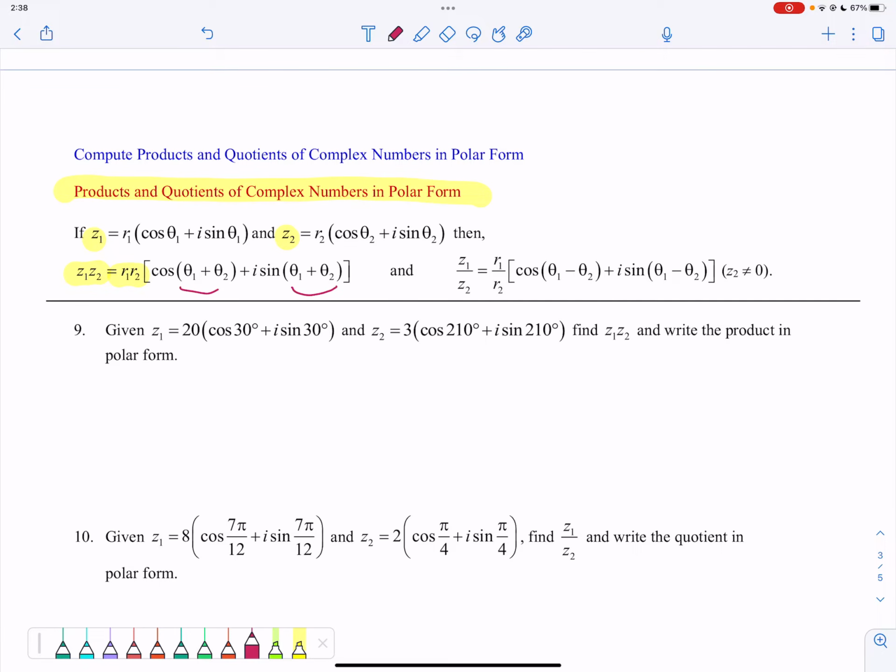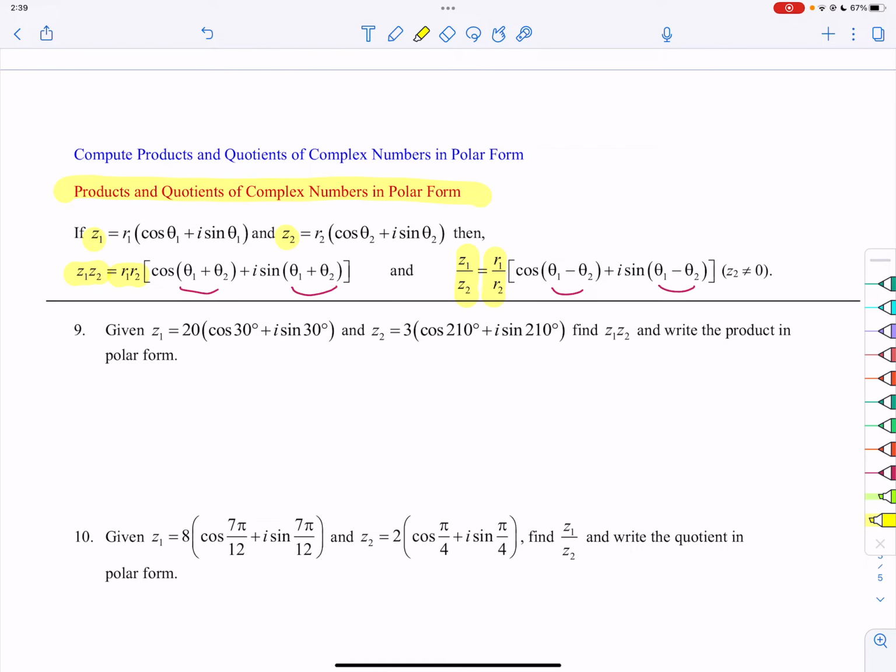And likewise, if we have a quotient, we can subtract these two angles. Okay, so let's give it a try. Given z1 and z2 as shown, write the product in polar form.